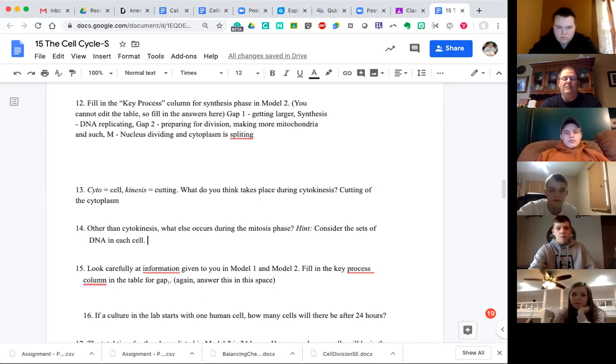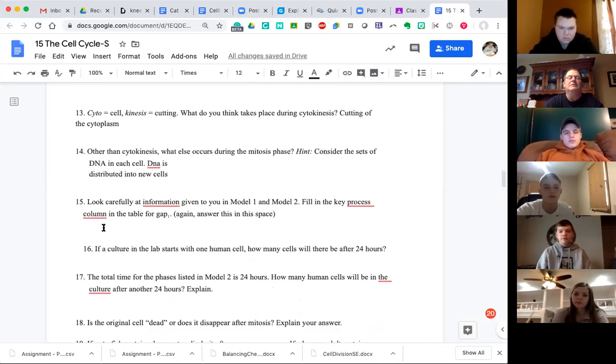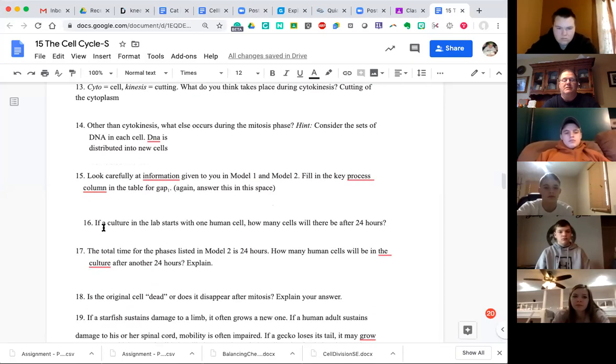Very good. Okay, 15, look carefully at the information given to you in Model 1 and Model 2. Fill in key processes column in the tab for gap 1. Oh, we did all that. All right, never mind. Skip.